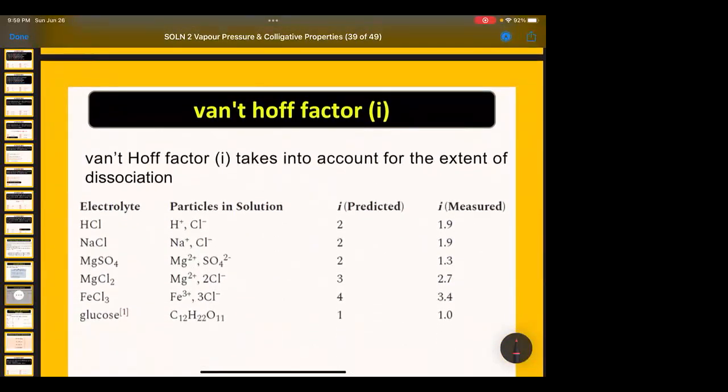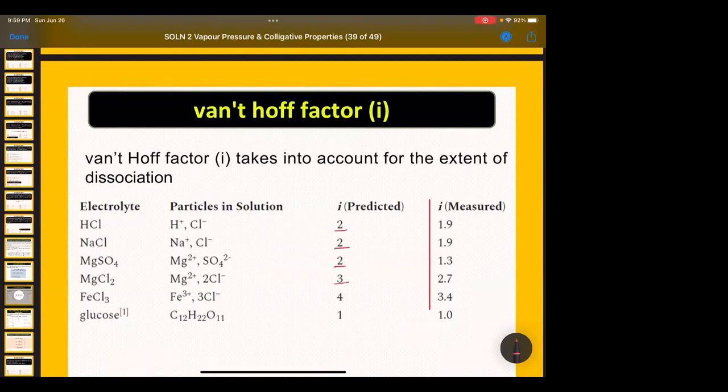For strong electrolytes, you don't have to worry at all. For example, HCl i equals 2. If nothing is given, you can take this for strong electrolytes only, not for weak ones. Be careful. You can simply consider i by the number of ions formed by one molecule or formula unit. Magnesium sulfate, 2 ions are there.